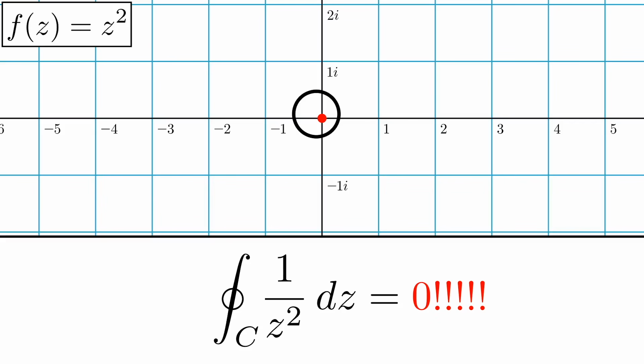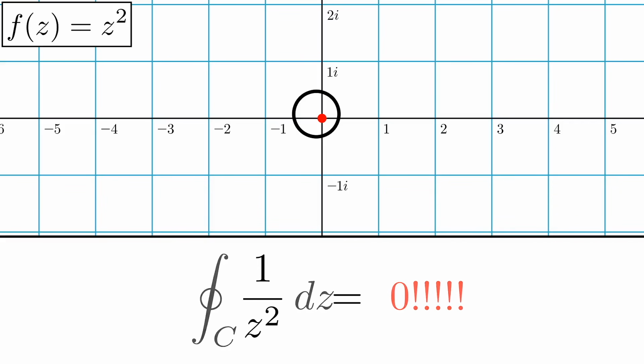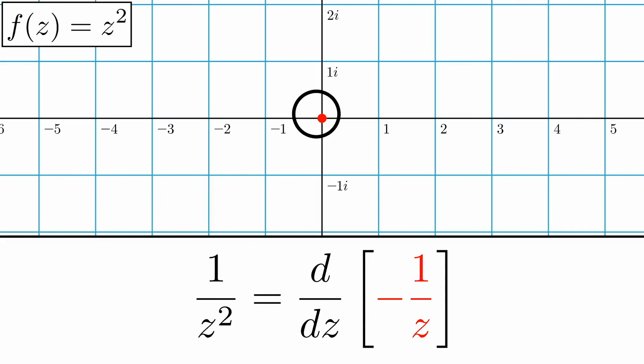So why is it we failed to find this 0? Well, it's because, as we saw earlier, 1 over z squared has an antiderivative, namely minus 1 over z, which is defined everywhere except for z equals 0. Thus, in particular, it's defined on every circle that contains z equals 0.